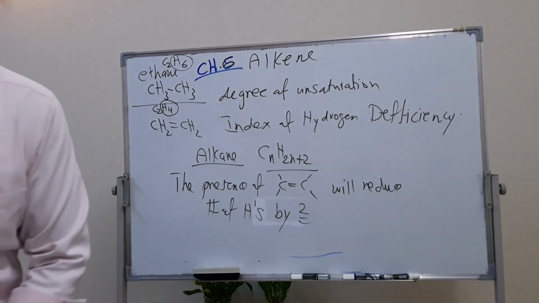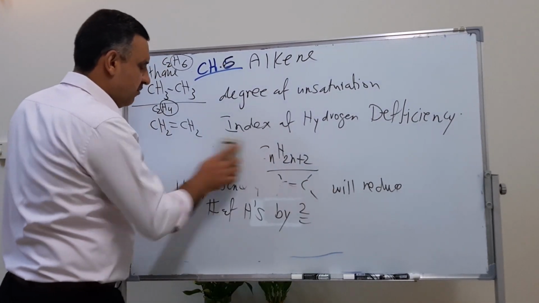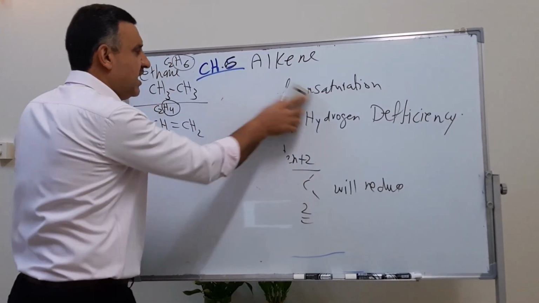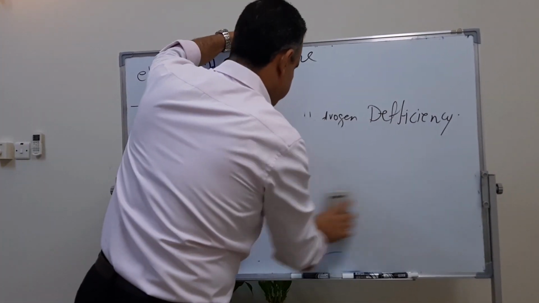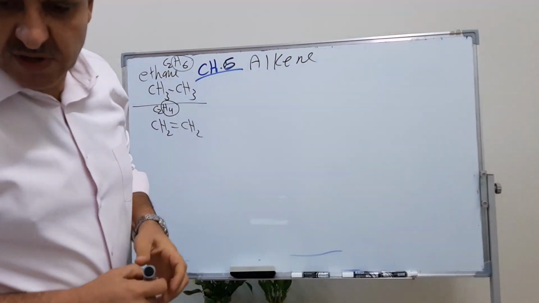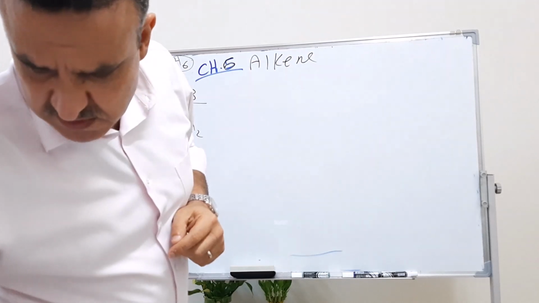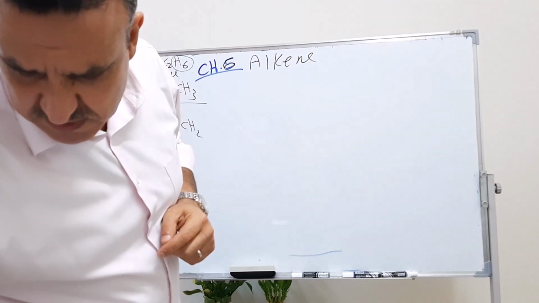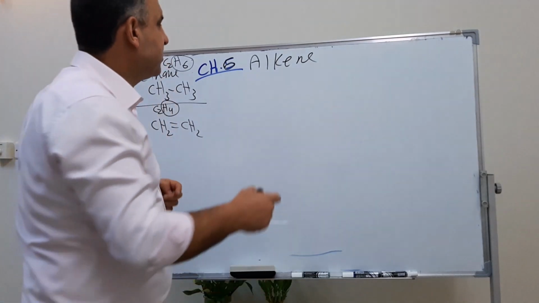Now, for a general formula, like the general formula in the slide, for example, C6, here the formula is supposed to be C6H10.